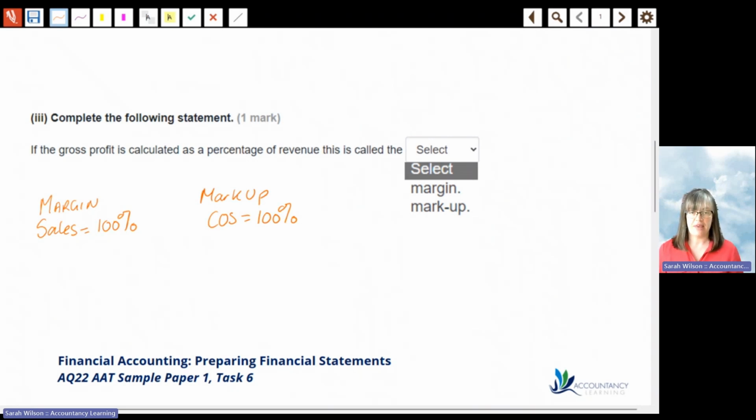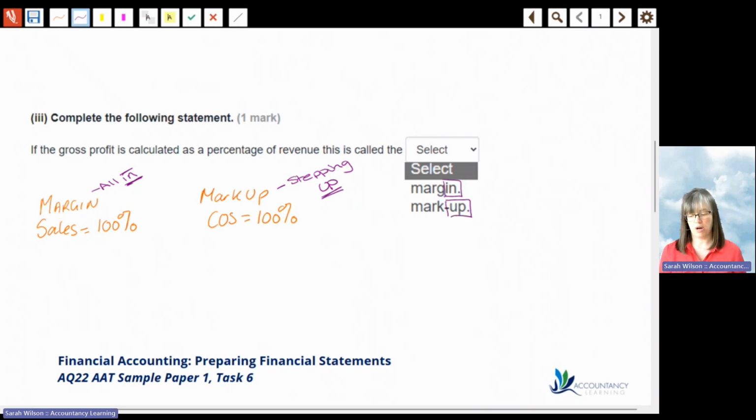And the way to remember these is that margin, it's all in. So there's the 'in' in margin. And then the markup is you're going to be stepping up from cost of sales.